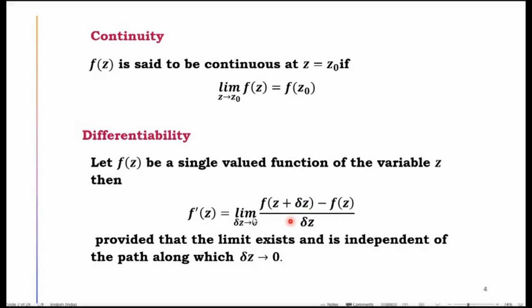It is the same as f of x plus h minus f of x upon h. Okay. So this is the formula for differentiability. So same procedure, whatever we have done for real numbers, the same thing is extended to complex numbers. Only thing, slight differences there. So wherever a difference comes, I will let you know. Okay, till now the definitions are the same.